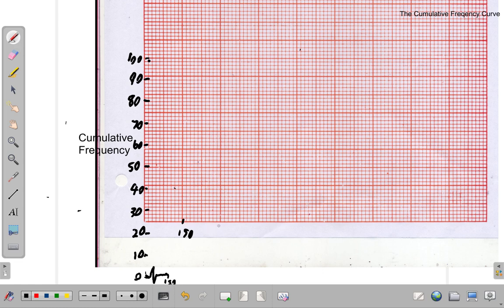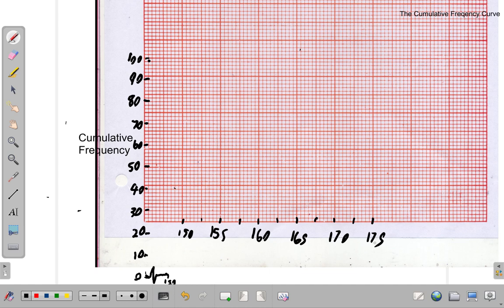Suppose we double it up and say 2 centimeters to 5 units. So you have 150, 1 centimeter, 2 centimeters, 155, 1 centimeter, 2 centimeters, 5 more gives you 160, and 1 centimeter, 2 centimeters, 165, 1 centimeter, 2 centimeters, 170, 1 centimeter, 2 centimeters, 175.